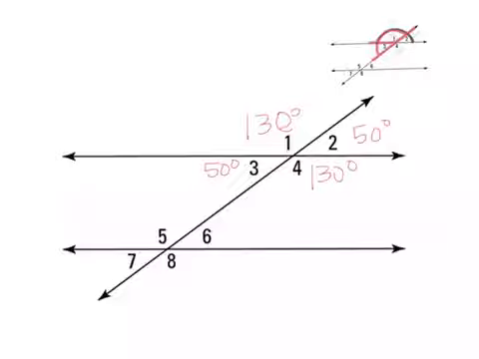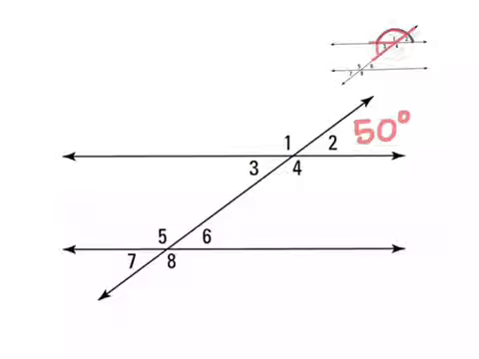We also have talked about how on a straight line, we always have 180 degrees. So angles 1 and 2 would be a straight angle pair or linear pair. Angles 1 and 3 would also be a straight angle pair or linear pair, as would 3 and 4 and 2 and 4. And again, that goes back to everything being based on the fact that there's 360 degrees in a circle or 180 degrees in a half circle.